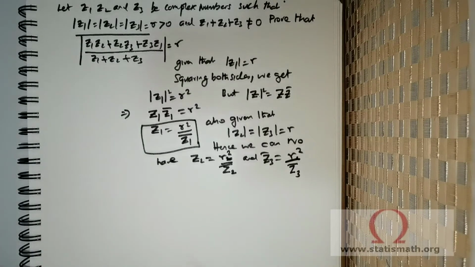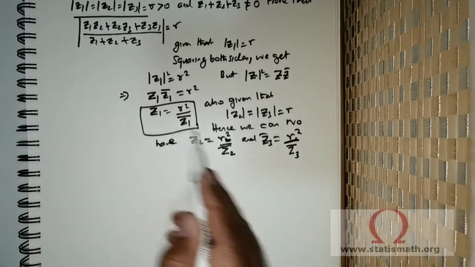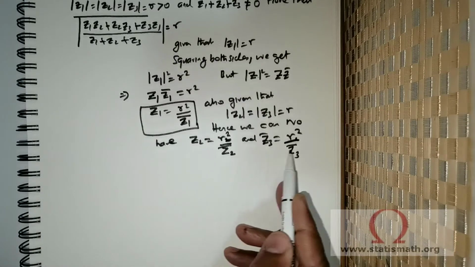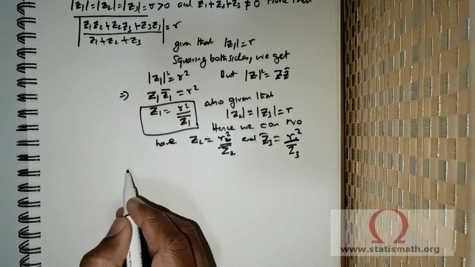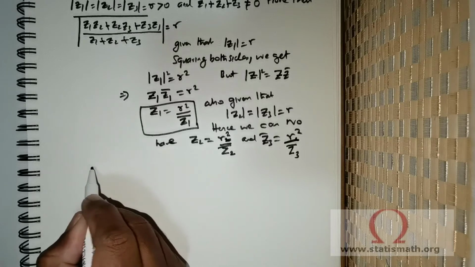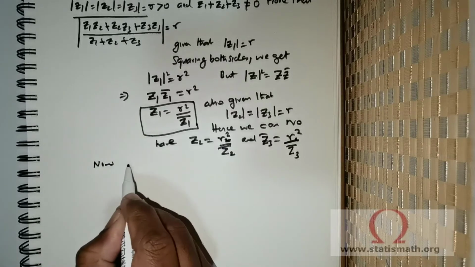So we have this representation for z1, z2 and z3.